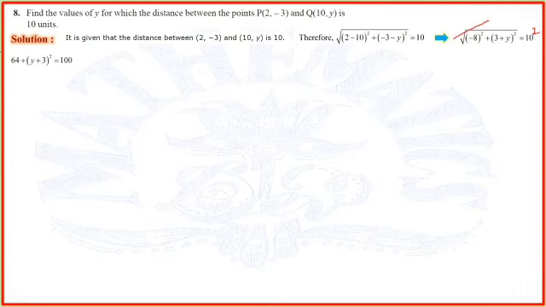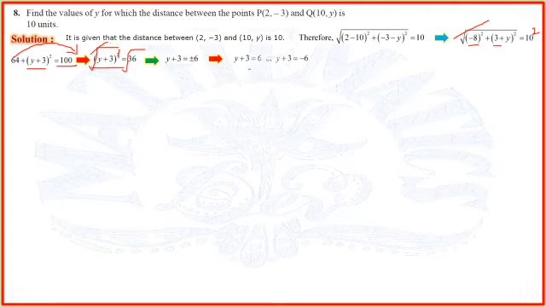So the square of 10 is 100, and the left hand side is 8 square, 64, plus (y + 3) whole square. Then 64 we have taken to the right hand side, 100 minus 64 is equal to 36, so (y + 3) whole square is 36. Taking square root of both the sides, this square will cancel with the square root, so y plus 3 is equal to plus minus 6.